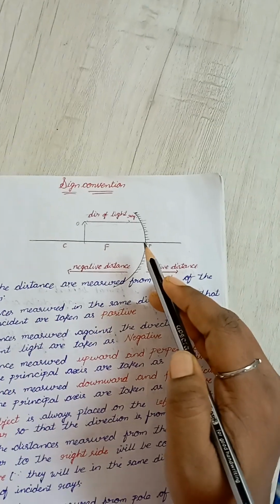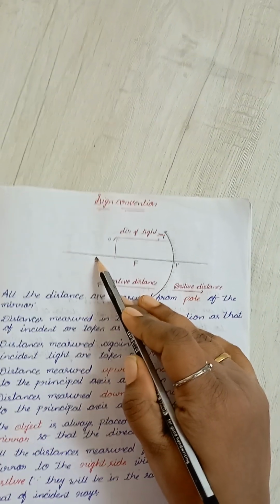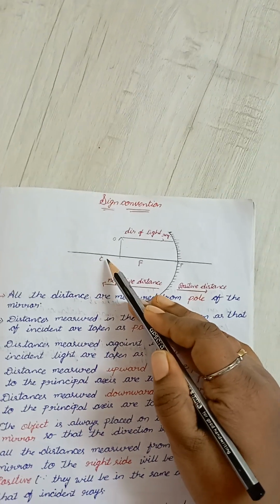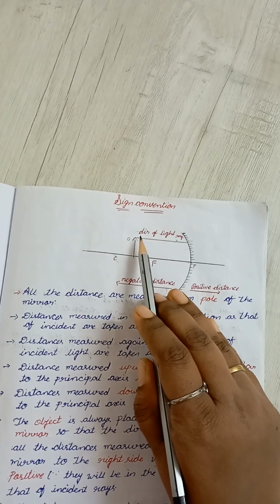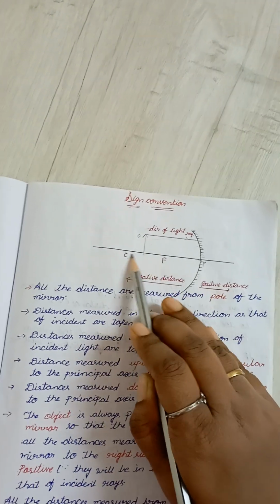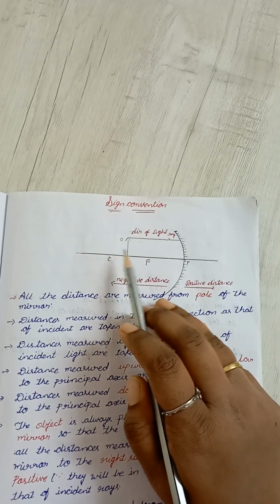All the distances measured from the pole of the mirror to the left side will be negative, because they are measured against the direction of the incident rays. Incident rays are here and we are measuring from here, so the opposite direction. Therefore we will get negative values.